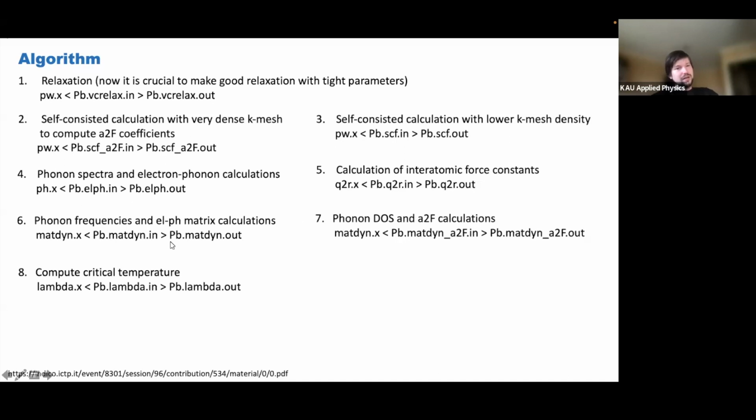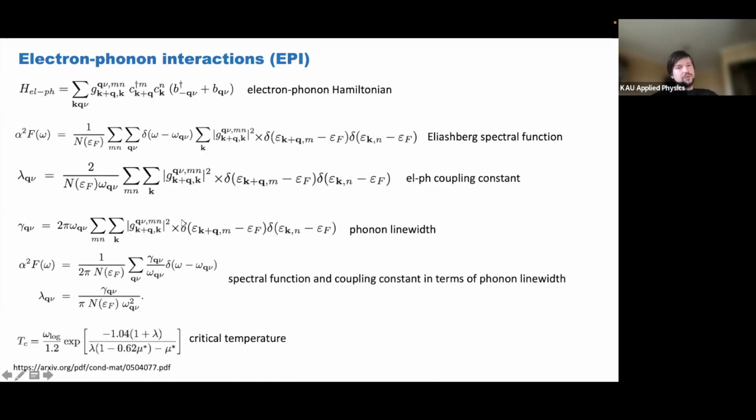You see, this phonon line width is some kind of analogue of phonon dispersion, but for electron-phonon coefficients. And the spectral function in some way is analogous to the phonon density of states.